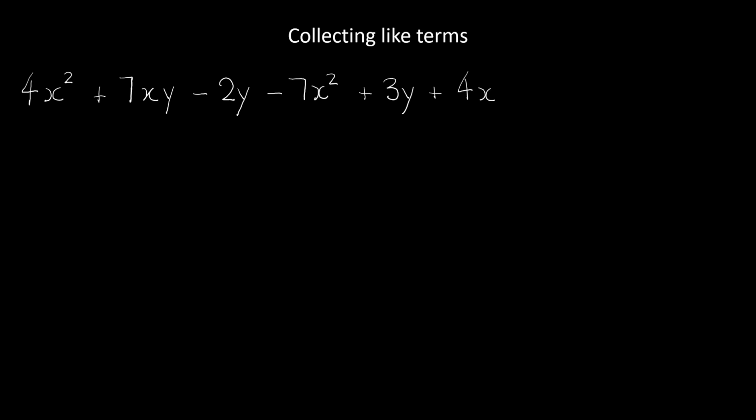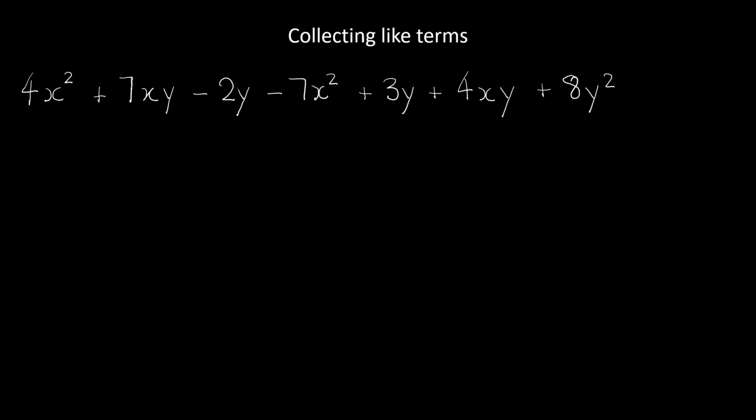And that's really everything there is involved in collecting like terms. Let's have a look at a really tricky example, and you'll see that it's not so tricky after all. 4x squared plus 7xy minus 2y minus 7x squared plus 3y plus 4xy plus 8y squared. The trickiest thing about it is the sheer number of terms.